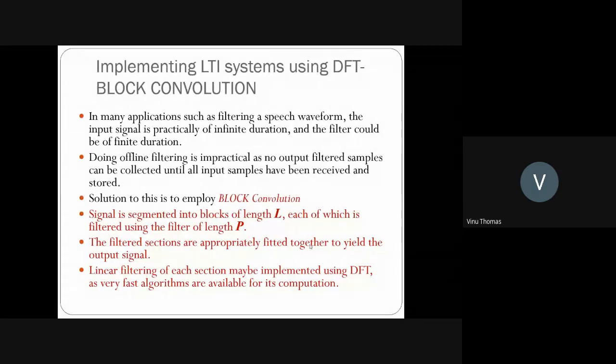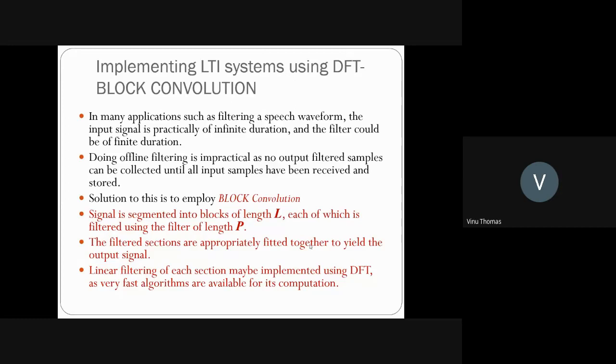What is the second semiconductor device that you studied? BJT. A bipolar junction transistor, is it a linear device or a non-linear device? Non-linear. It's a non-linear device which can be made to operate in a very small linear region called the active region by properly biasing the circuit, right?